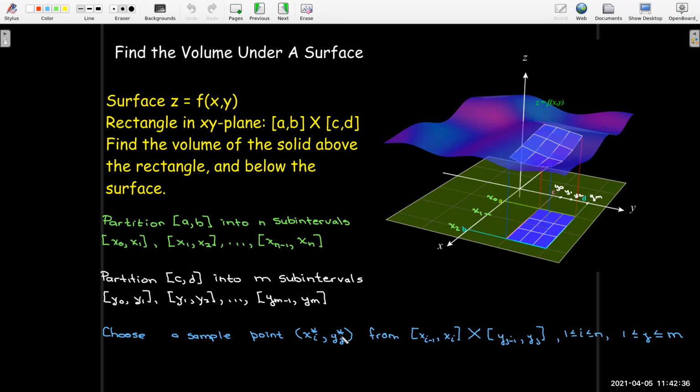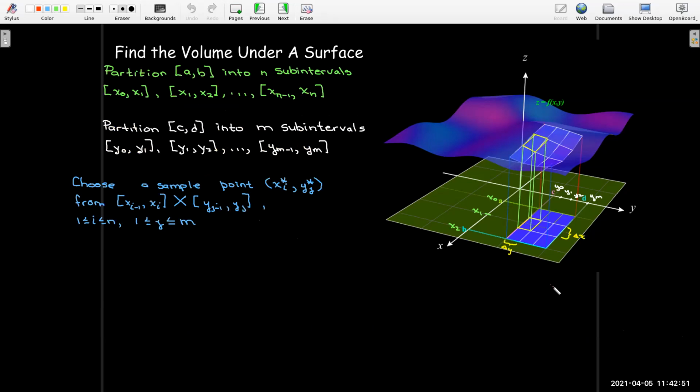a sample point in each of these cells, each of these little rectangles, and the function value at that sample point we're going to take to be the height of a box. And then we're going to add up the volume of each of the boxes, and that'll be an estimate for the volume.